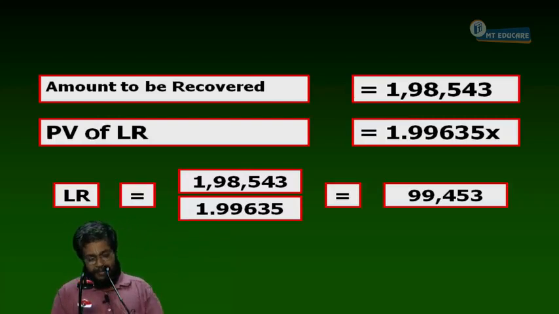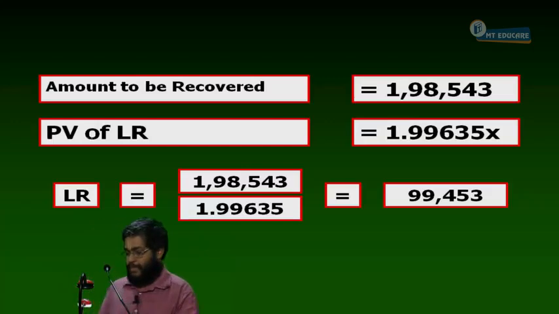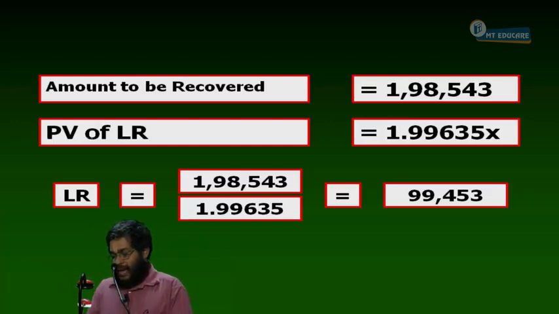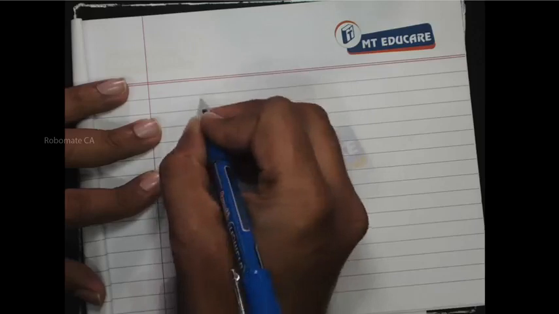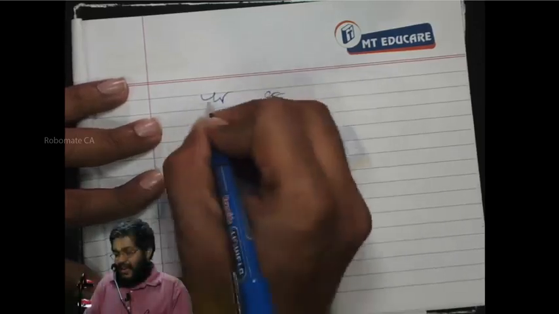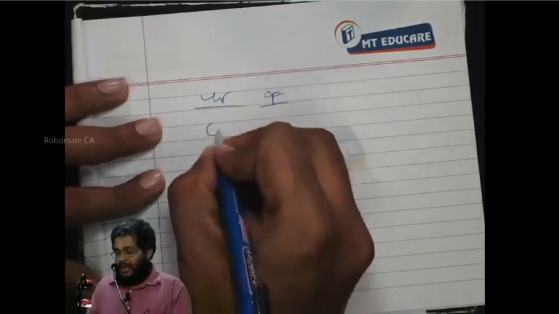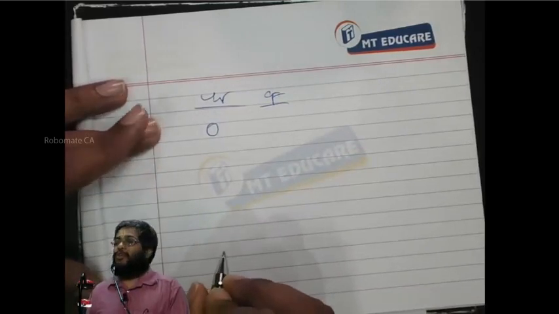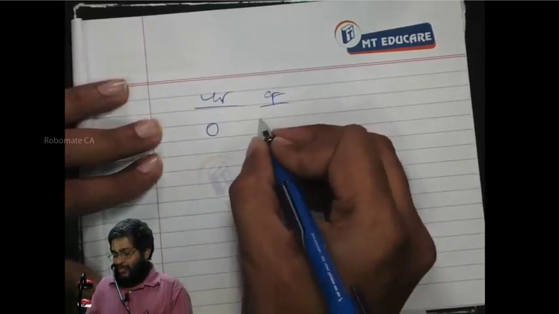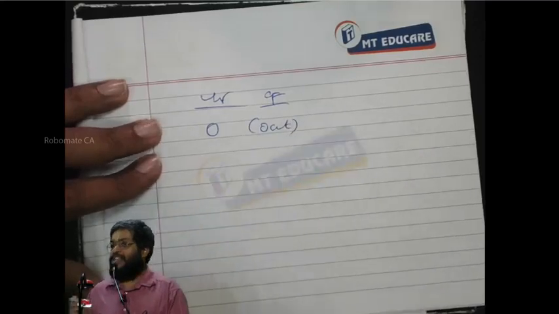Very simple. See, year 0, we normally have an inflow or outflow? Outflow. We have an outflow in year 0, right or not?